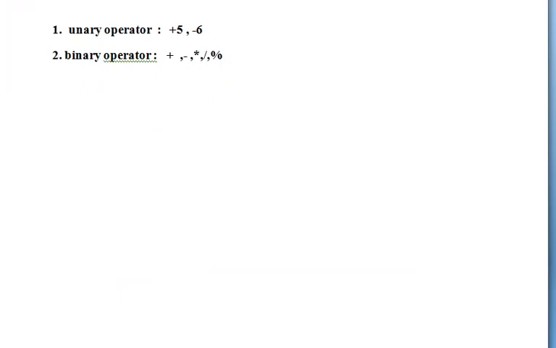We have two variables or two operands, like here 2 plus 3, 4 minus 2, 5 into 5, 6 divided by 3, and 6 modulus 3. 2 plus 3, having 2 operands, is the binary operator.